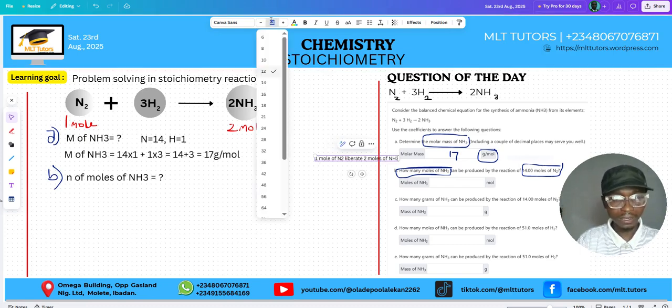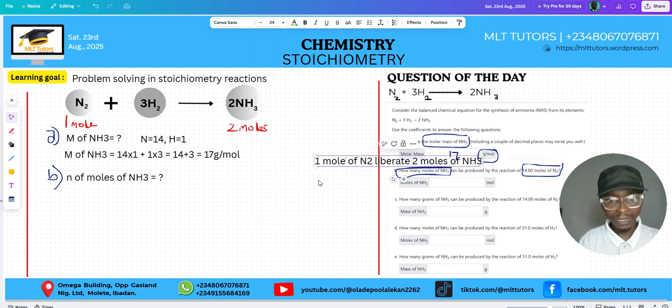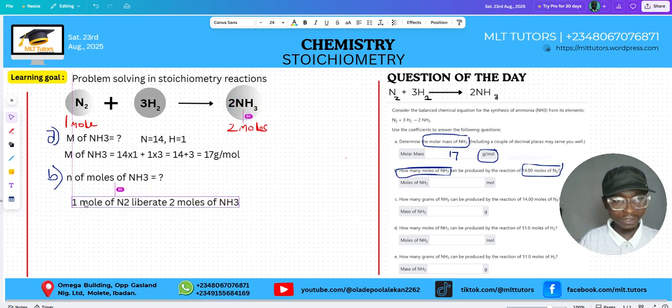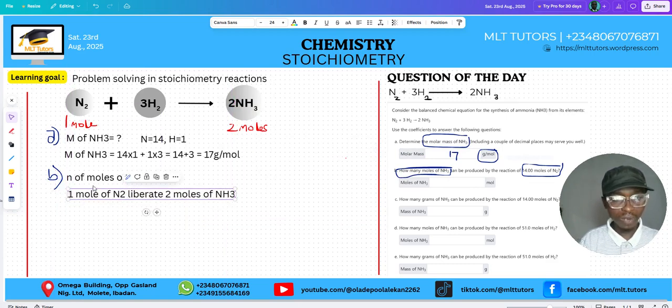Let's enlarge that a little bit more. So here is the reacting mole now: according to the equation of the reaction, 1 mole of nitrogen gives 2 moles of ammonia.